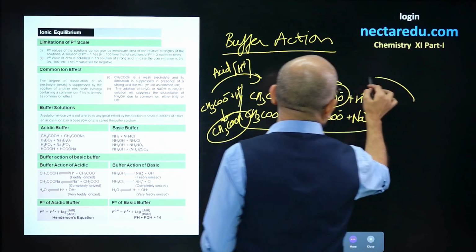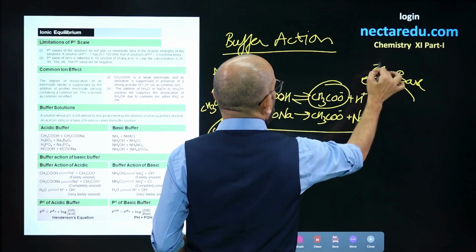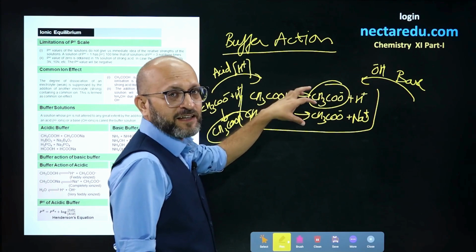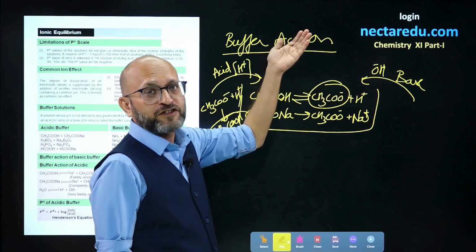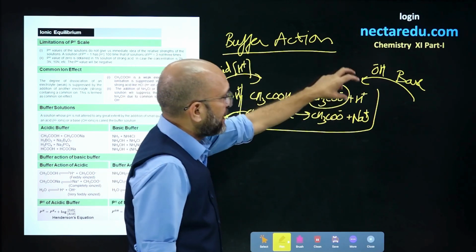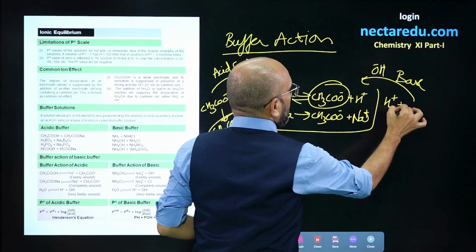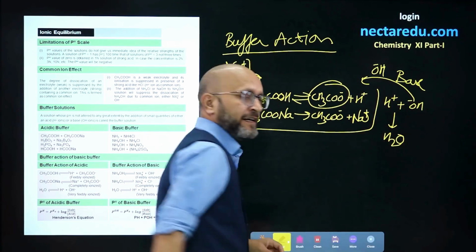Similarly, if I add base, that means we are adding OH minus. What will happen when OH minus comes? If nothing happens, OH minus will increase the basic nature. So this H plus captures this OH minus and converts the incoming OH minus into water, right?